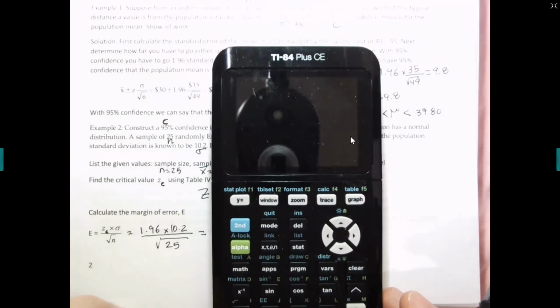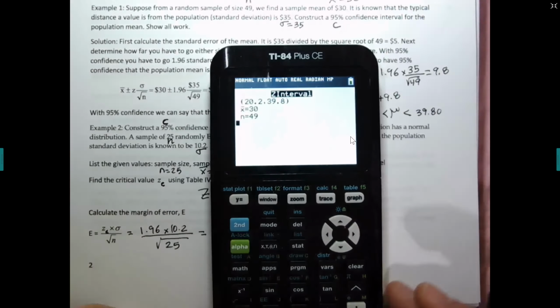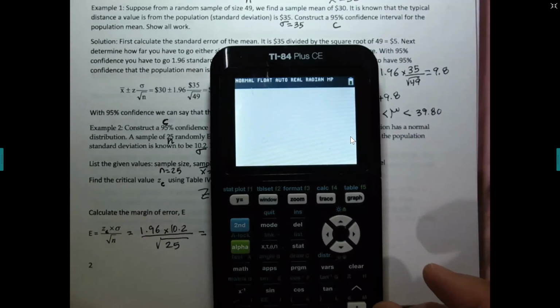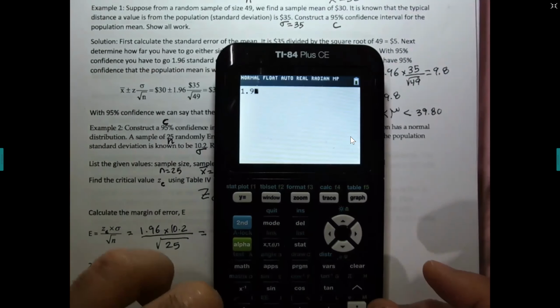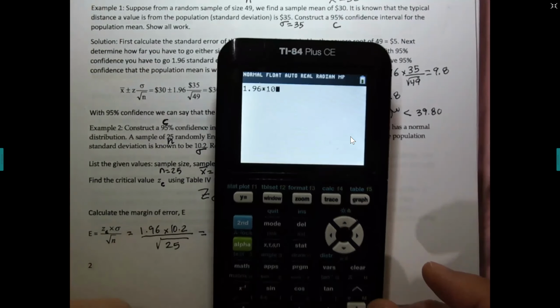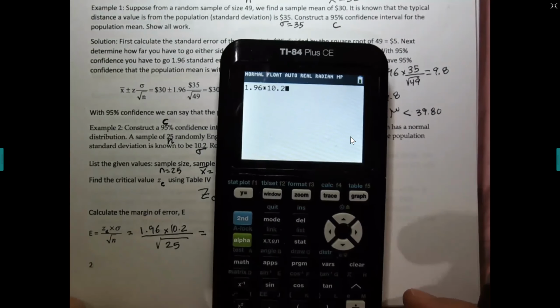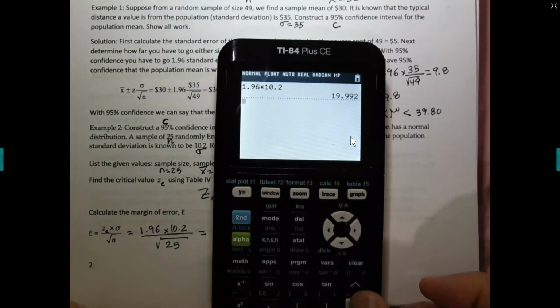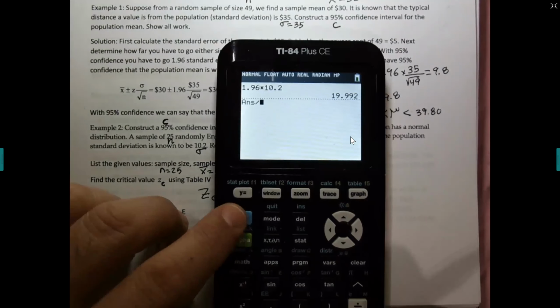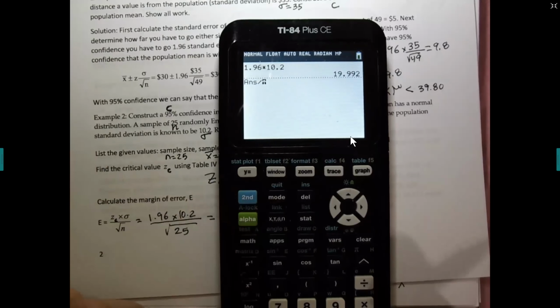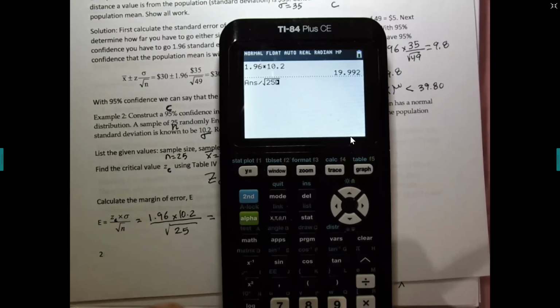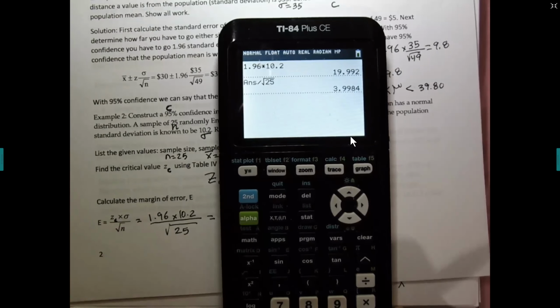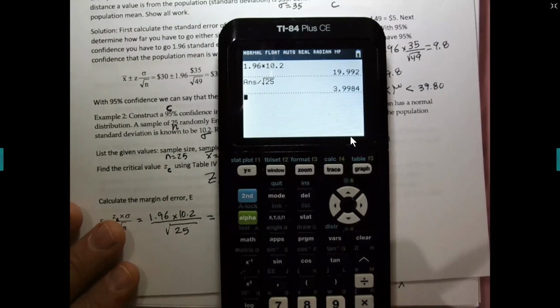All right, I'm going to clear the screen and do 1.96 times 10.2. You can do this first and then divide. This is how you pick the square root, guys. You press the second key and then the square root and 25. The result is 3.9984. If you round this to 2 decimal places, it's going to be 4.